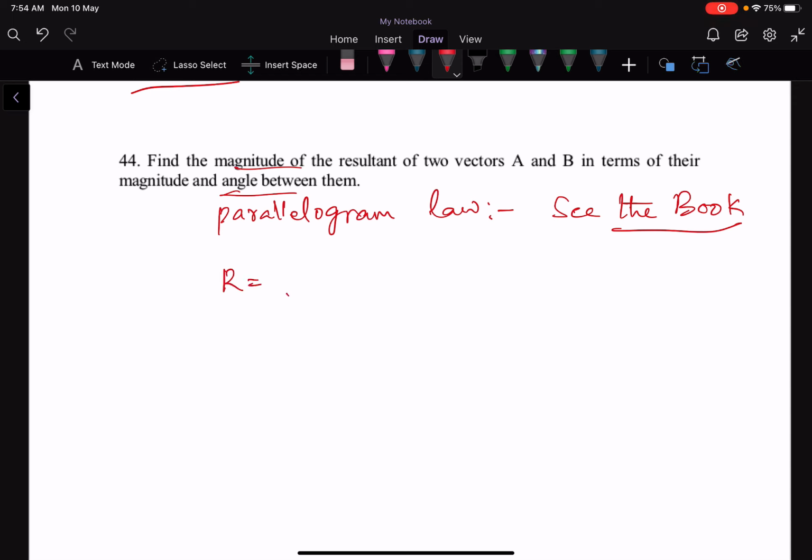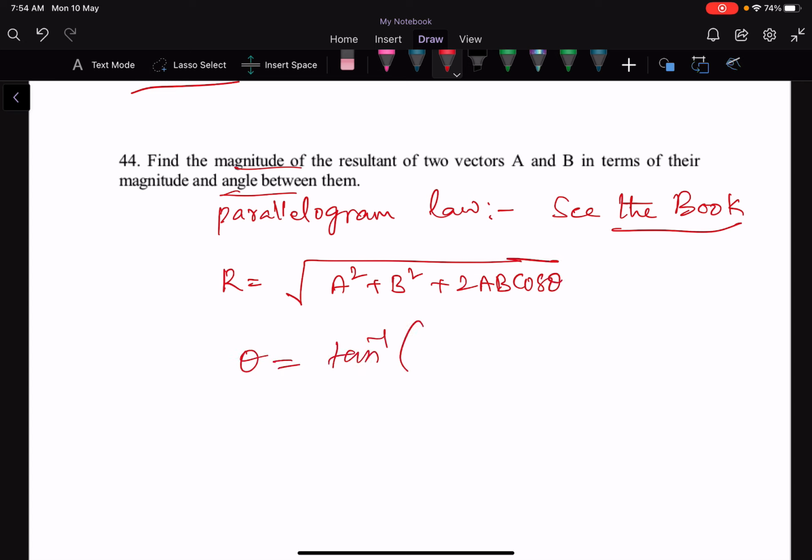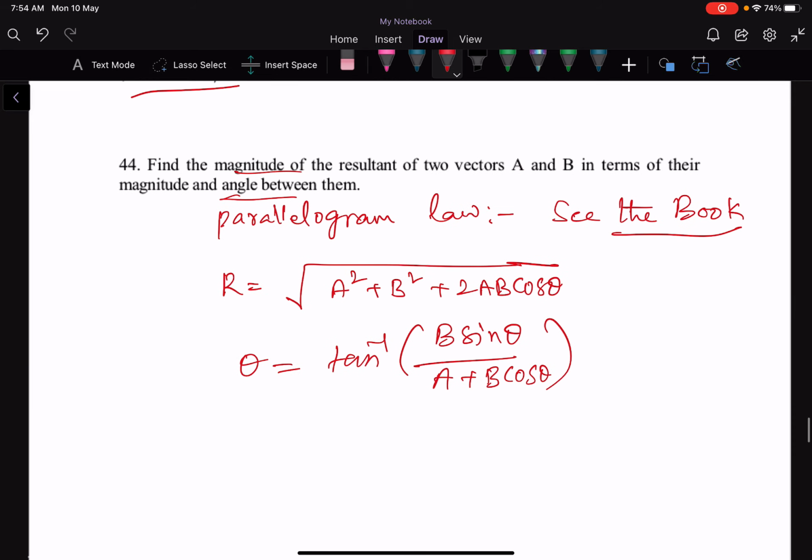The magnitude R will turn out as root of a square plus b square plus 2ab cos theta, and theta is equal to tan inverse of b sin theta by a plus b cos theta. Prove this.